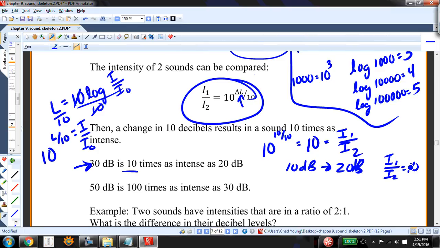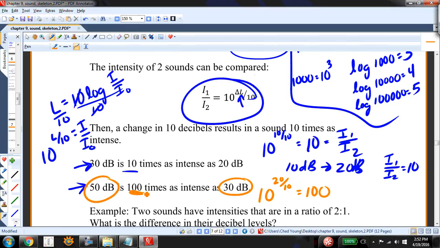So the intensity level is increasing additively, but the intensity is actually increasing multiplicatively by a factor of 10. Now, if I increase instead by 20 decibels, then I have 10 to the 20 over 10, which is equal to 100. So if I increase by 20 decibels, say 30 to 50, that gives me a factor of 100.